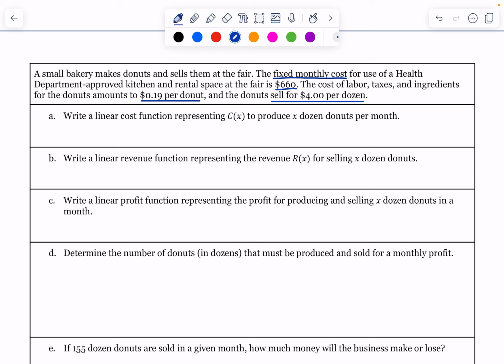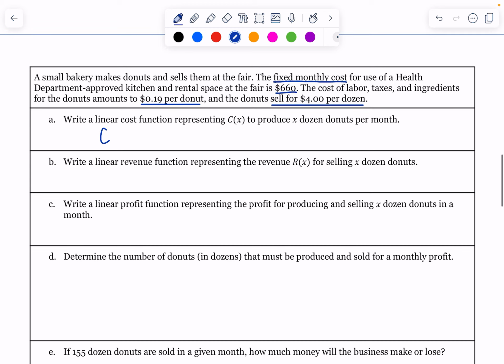Write a linear cost function represented C of x to produce x donuts per month. So C of x is the cost, and there's a fixed monthly cost of $660, plus there's a cost of 19 cents per donut, so that would be 0.19x.